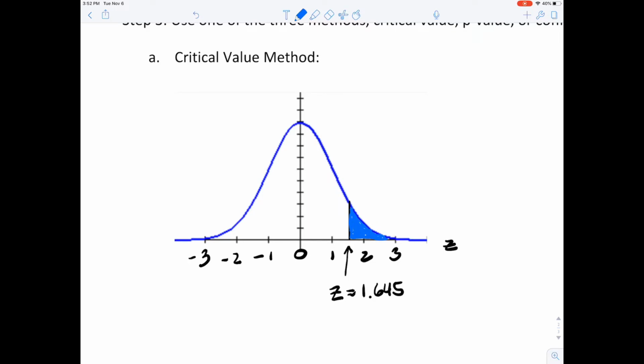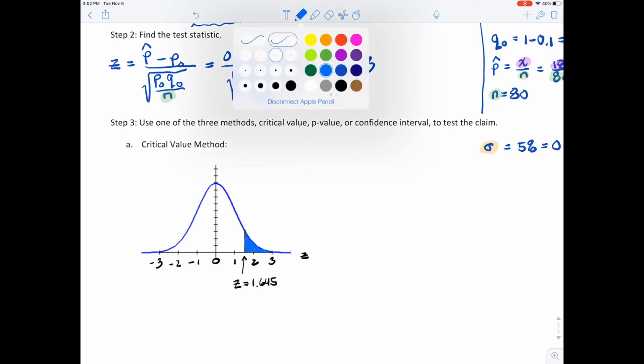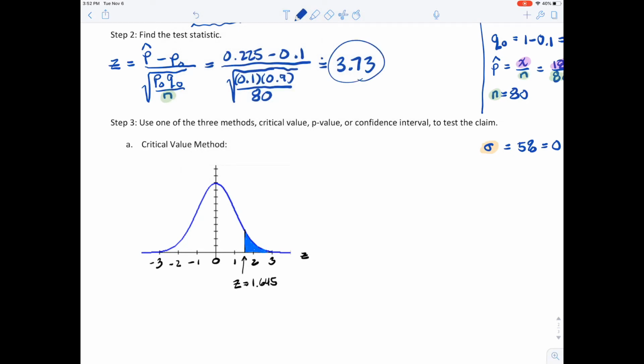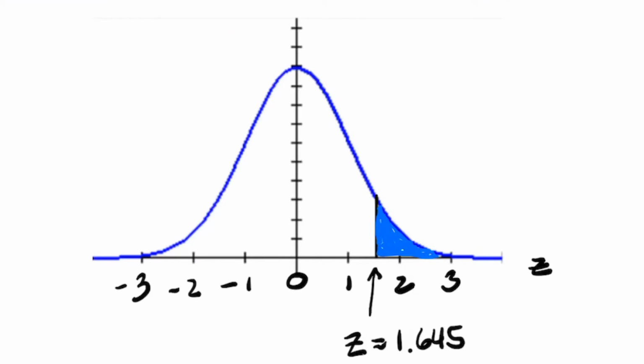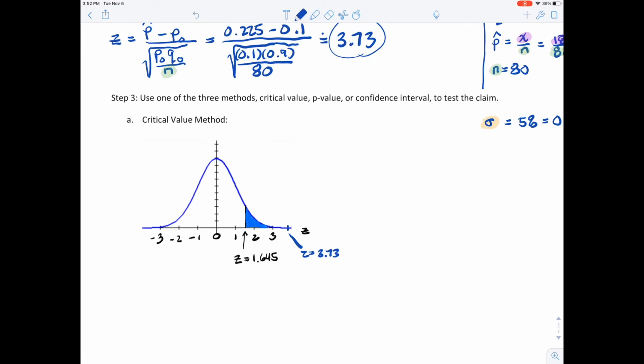Good so far? Awesome. So our test statistic was this one here, 3.73. Z equals 3.73. Do you see 3.73 would be way over here? That would be Z equal to 3.73. So do you see that that definitely lies in the rejection region? Okay. So what would we conclude?